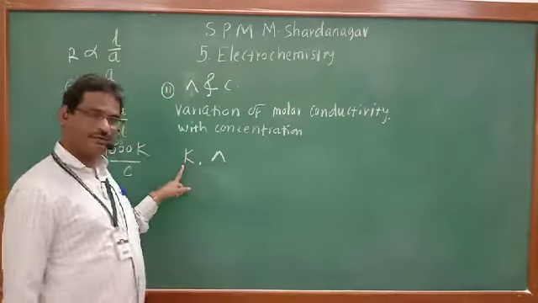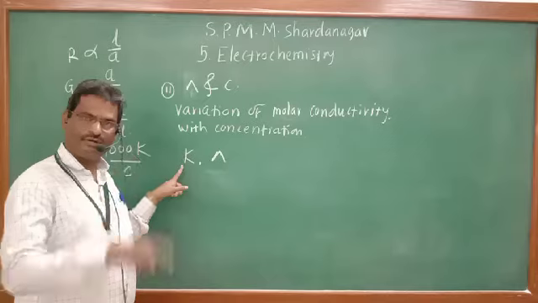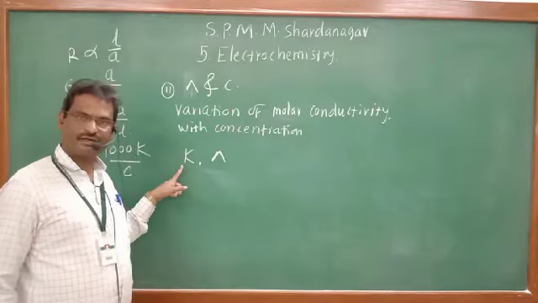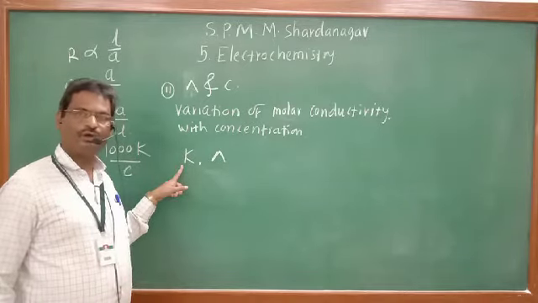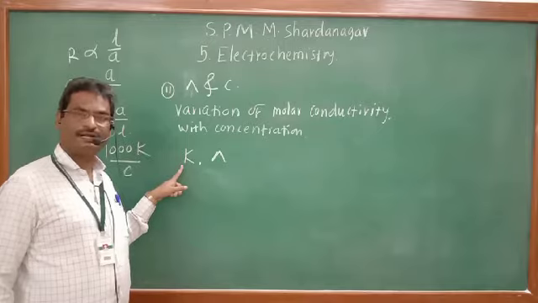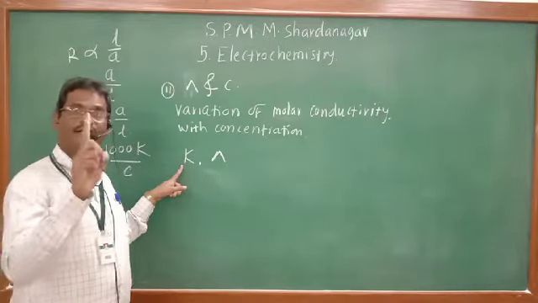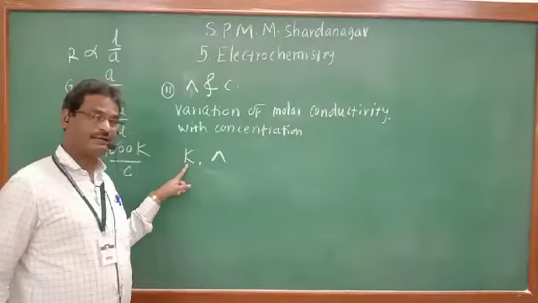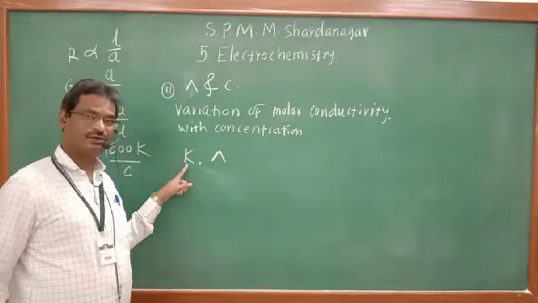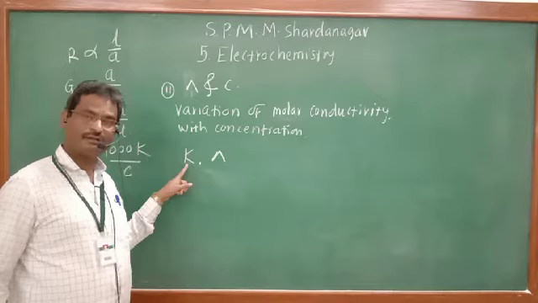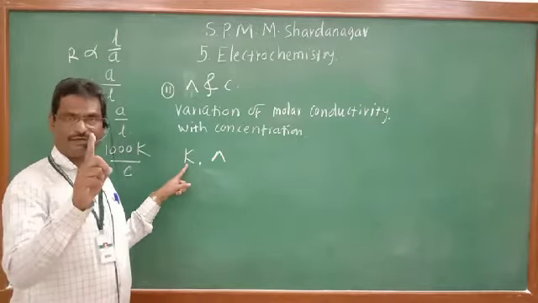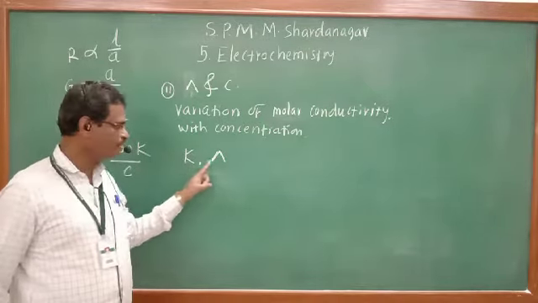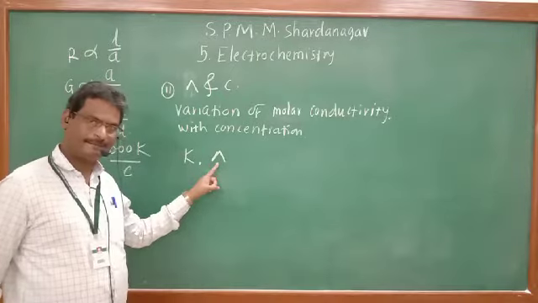So what is conductivity? Conductivity is the conductance due to all ions present in 1 centimeter cube volume. K, conductivity is the conductance due to all ions present in 1 centimeter cube volume. And what is molar conductivity?